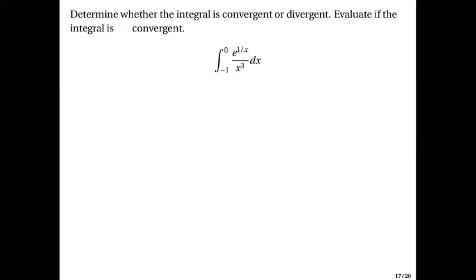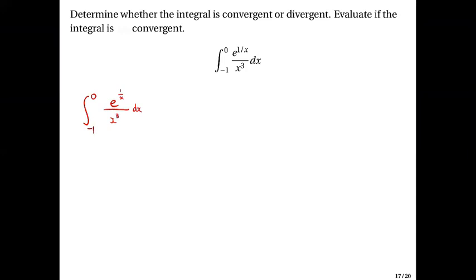Okay, so let us do this. Originally, we have this guy here. I mean, the problem that we want to solve is the integral from -1 up to 0 of e raised to 1 over x divided by x cubed dx.